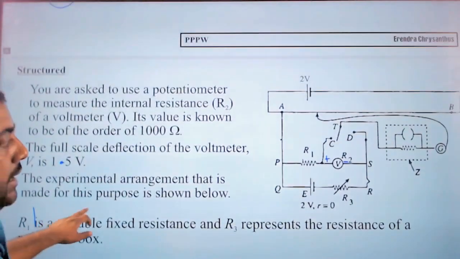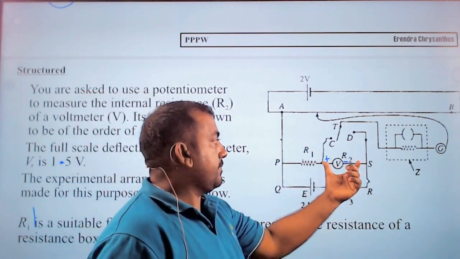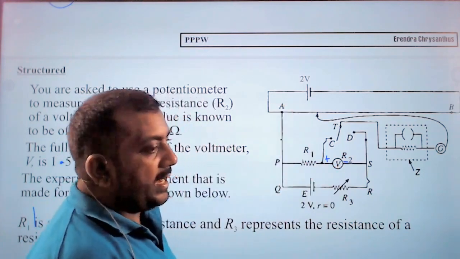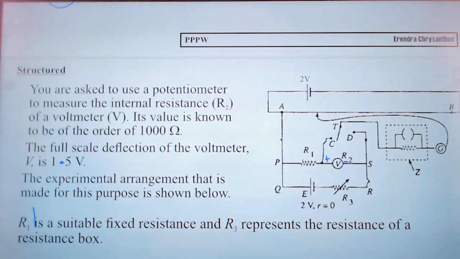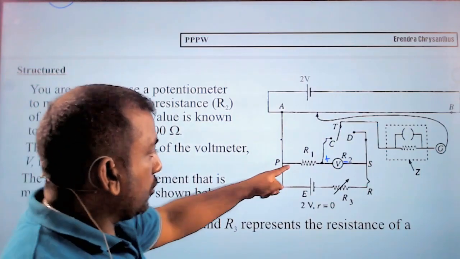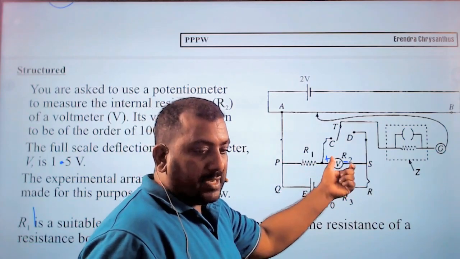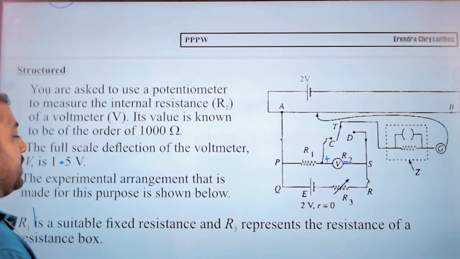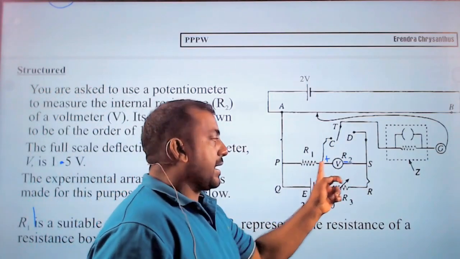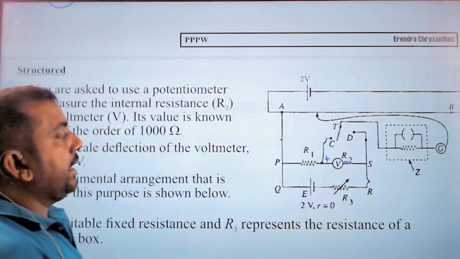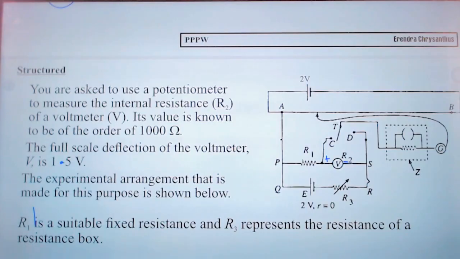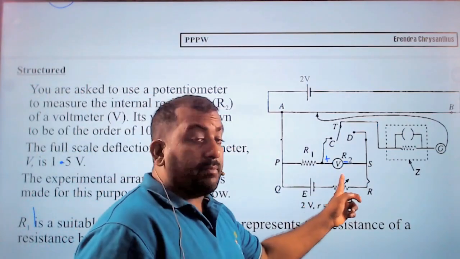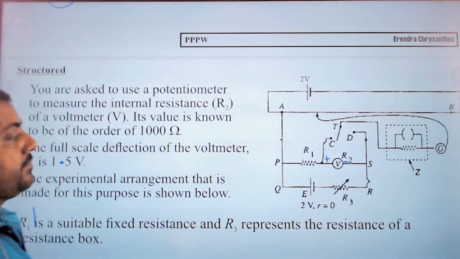The voltage across it is exceeding its full scale deflection, so we must make sure the current in the secondary circuit reduces. When the current reduces, the potential difference across the voltmeter will reduce. Therefore, we must increase the resistance R3.